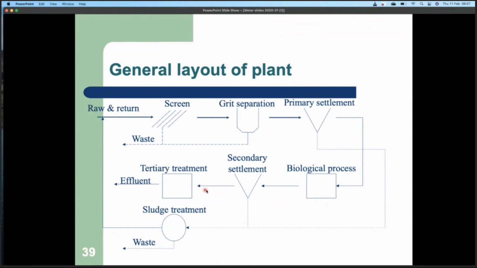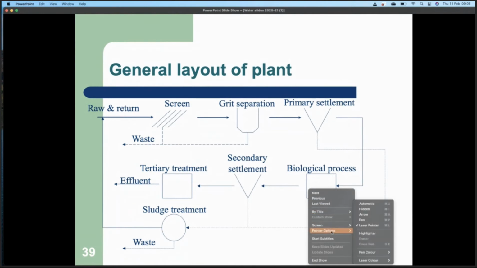So either the bacteria get put straight into sludge treatment, or part of the bacteria could also be recycled in the biological process. That's not shown on the slide, and I should maybe just correct that, sorry.